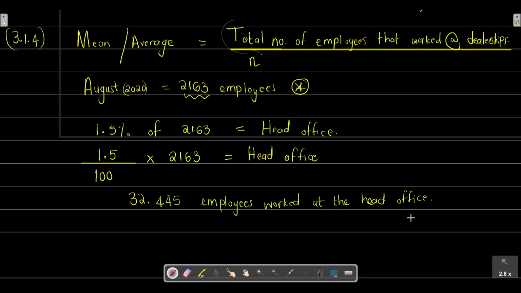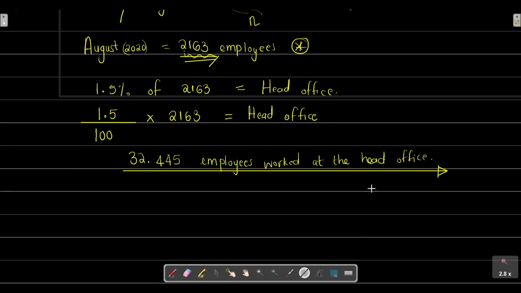All right, so what do we need to do now? Remember, we just want to determine how many employees worked at the dealerships. So we now need to subtract this value of 32.445 from 2163 to determine the total number of employees that worked at the dealerships.